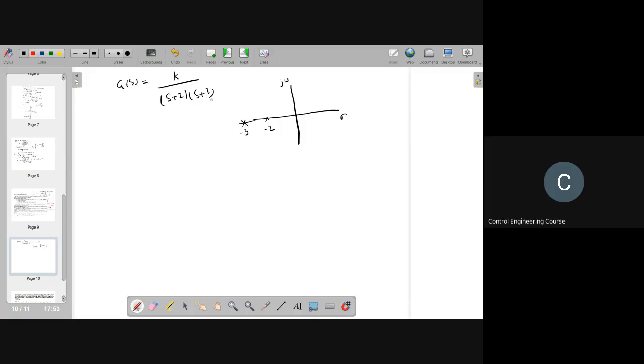So what we need to do is mark the open loop transfer function poles and zeros on the s plane. Then, given this g of s, we need to find how the closed loop poles are changing with respect to k. That is what we find using root locus. The second step is the number of branches.